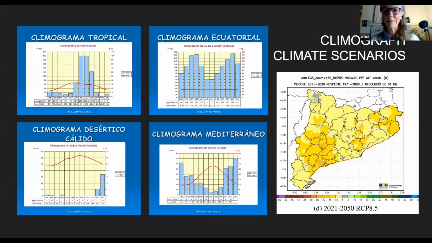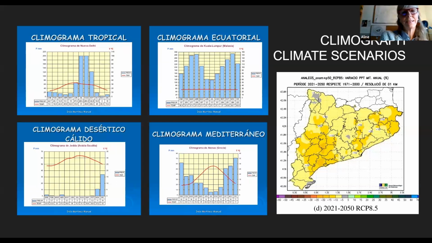So this is the climate scenario map for Catalonia. And if we look at the colors, the gray area is where we have not a lot of difference happening, but the yellows and the darker yellows are indicating that in these areas there will be 20 to 25% less rainfall than there has been since 1971.